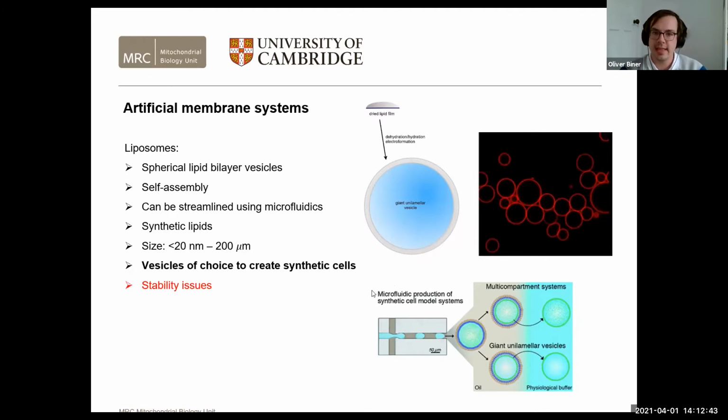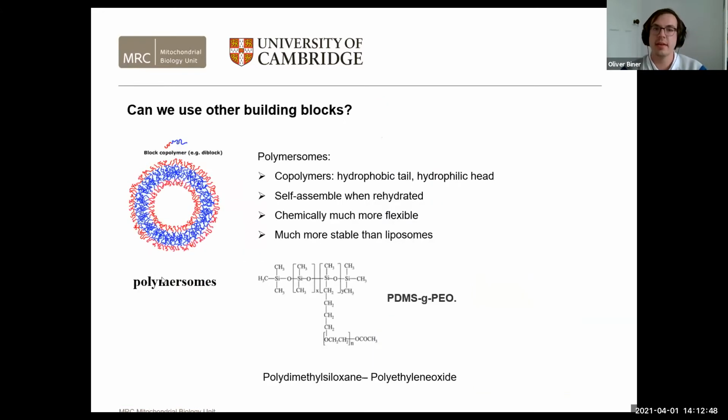However, they are not that stable and not that easy to create in the lab. And this is where chemistry can be very important. Chemists try to mimic the behavior of lipids by synthesizing molecules called block copolymers. Like lipids, they consist of a hydrophobic tail and a hydrophilic head group, and they also self-assemble when rehydrated.